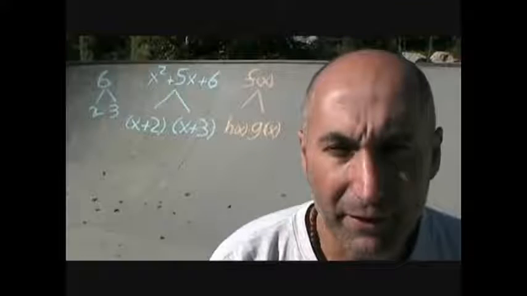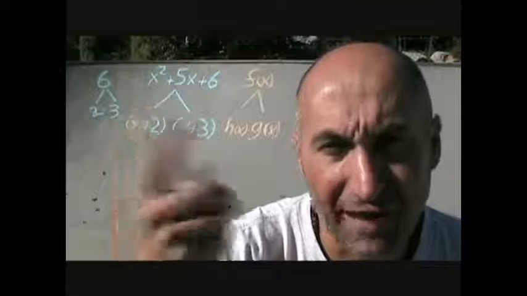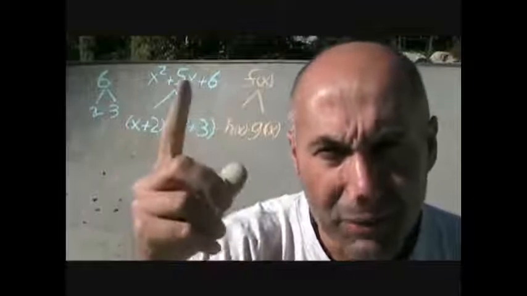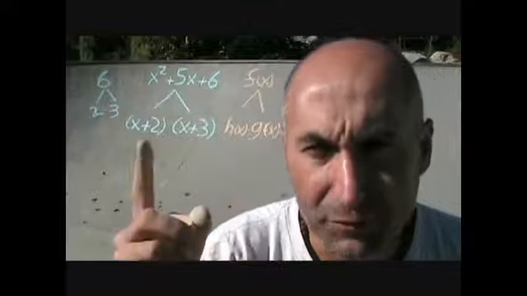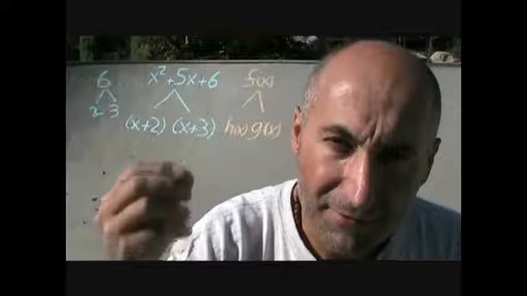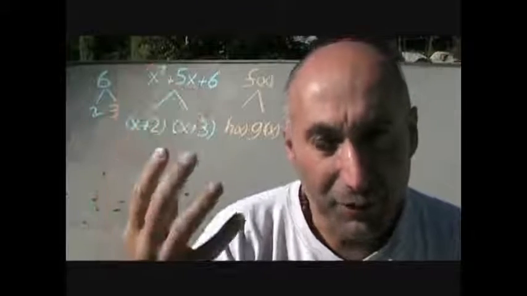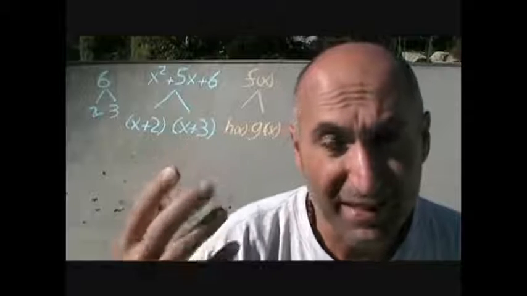So the way we can think about it is this polynomial, this function, we could just call f of x. So f of x would be this guy. f of x is equal to h of x times g of x. And this guy would be our h of x, and this guy would be our g of x. Now, this is just terminology, right? Graphically, we can present this.